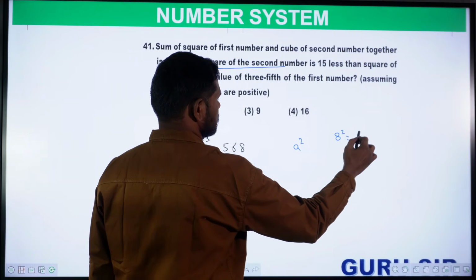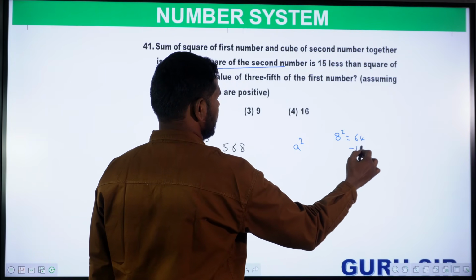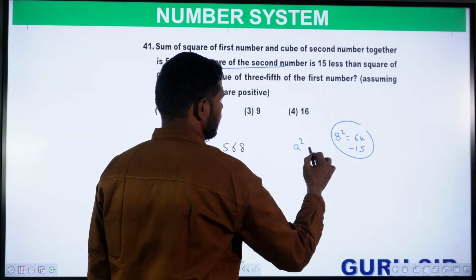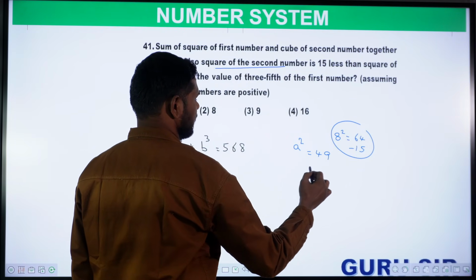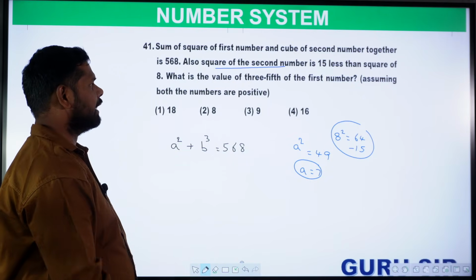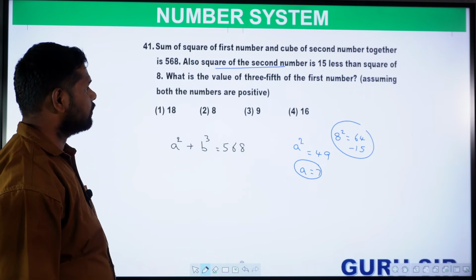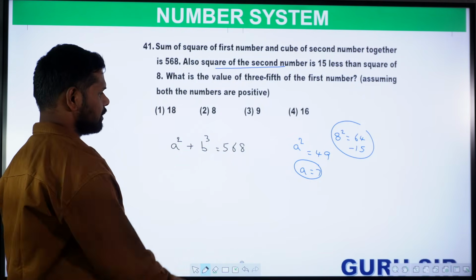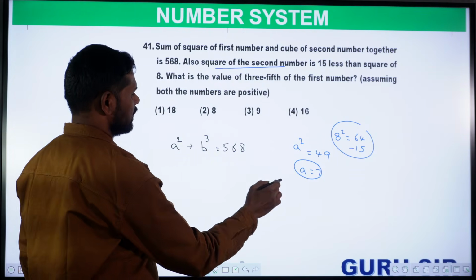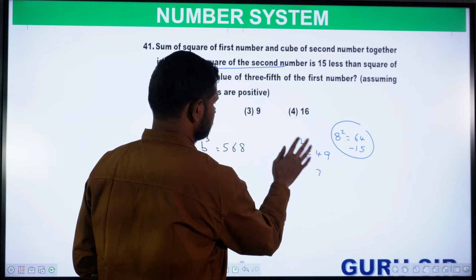64 minus 15 is 49. Indirectly they gave the value. Sorry, the square of the second number, not a, b.